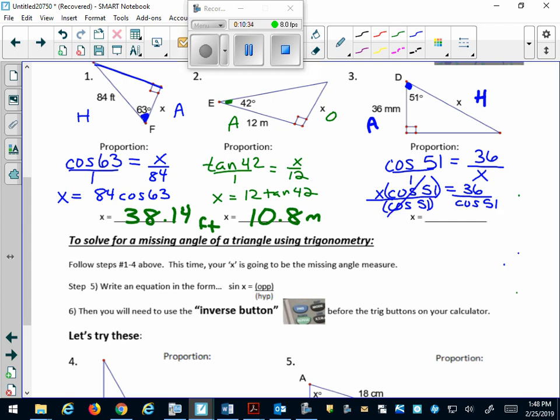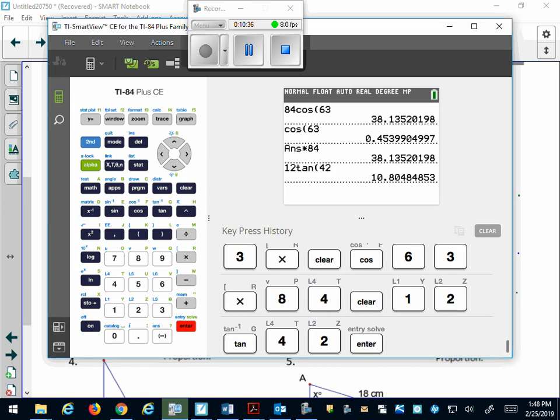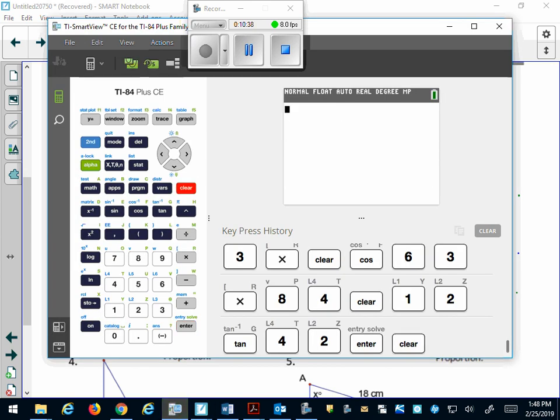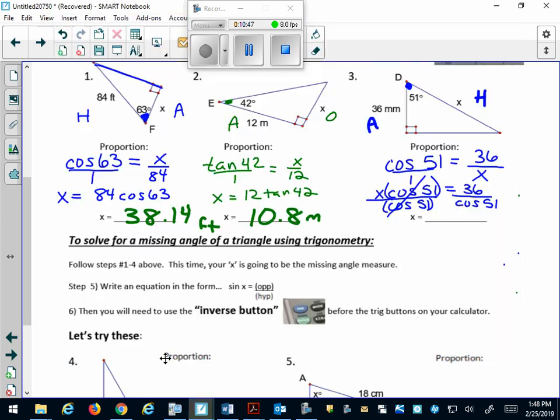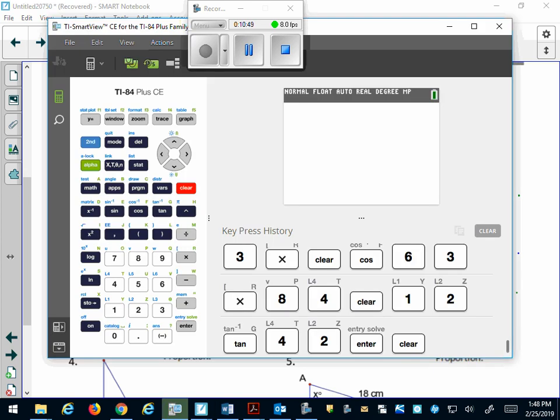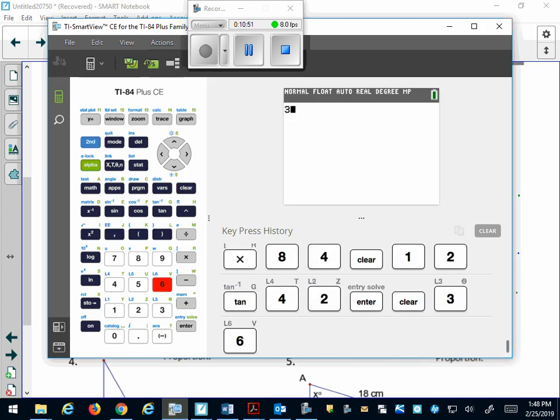We get x by itself, and on our calculator, we end up doing a division. I can't remember what the numbers were already. 36 divided by cosine 51. So 36 divided by cos 51.